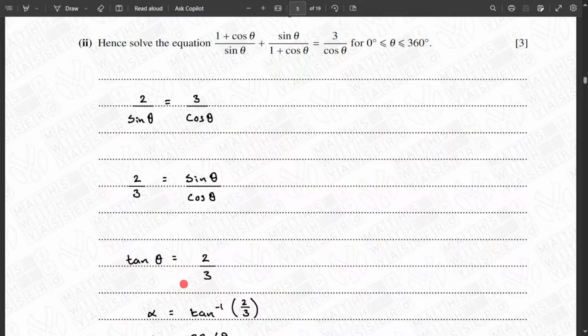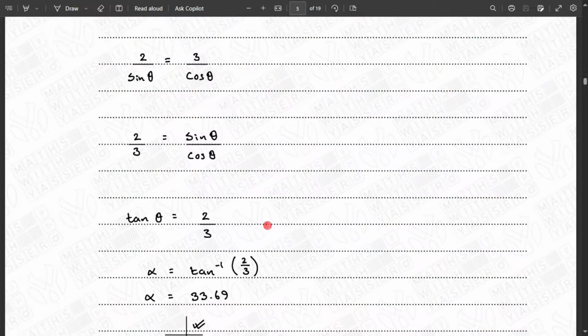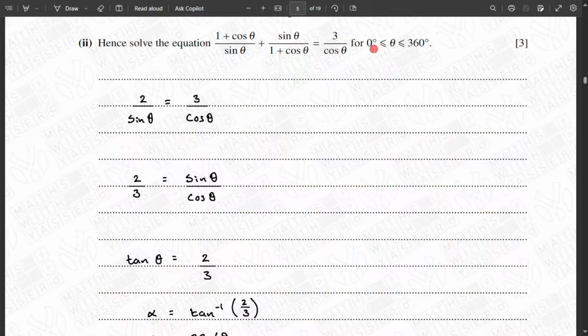Now let's find the basic angle first. So basic angle alpha is equal to tan inverse of 2 over 3. That will give us alpha 33.69 degrees. That is the basic angle. And since this is positive, that means tan theta lies in the first quadrant and the third quadrant. And the limit that we have for this question is between 0 to 360.